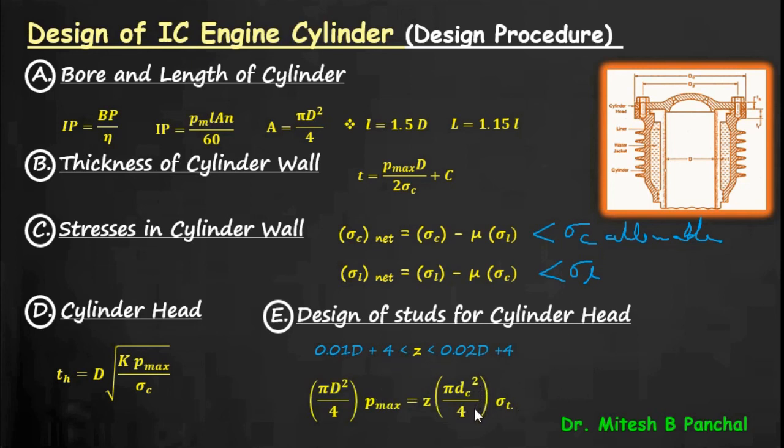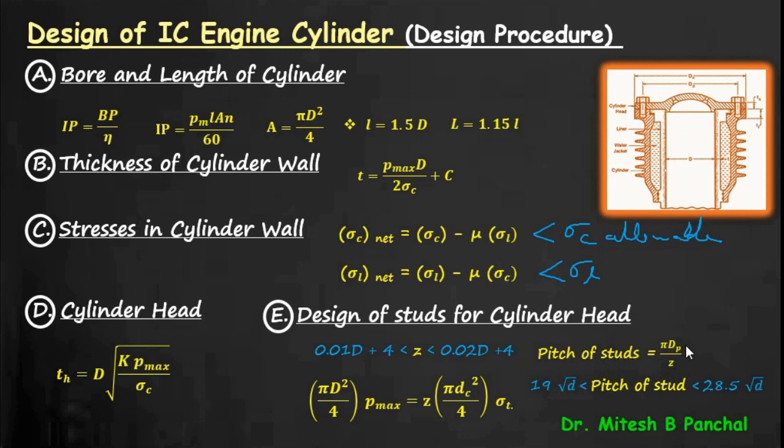Once the dC is obtained, we can obtain the nominal diameter of the stud that is required to specify the required size of the stud, and at the end we have to decide the pitch of the stud, that is pi dp divided by z, where dp is the pitch circle diameter for the stud and z is the number of studs.